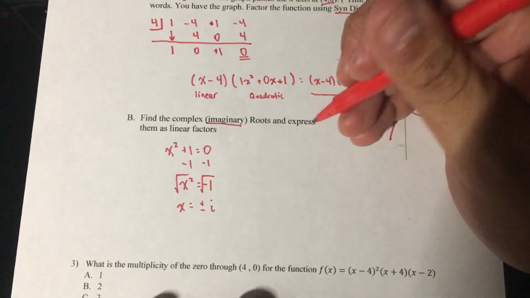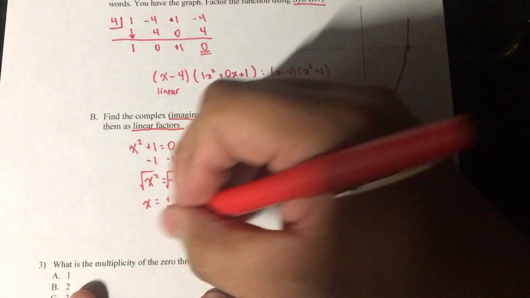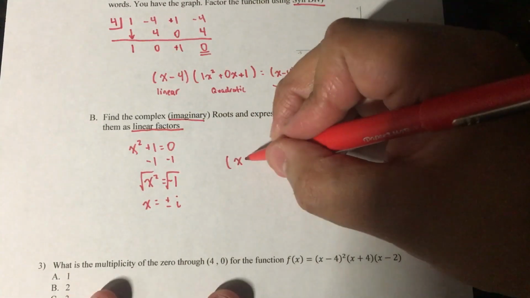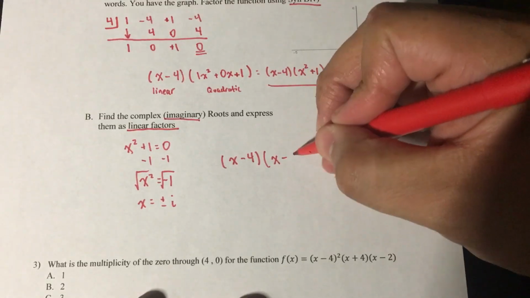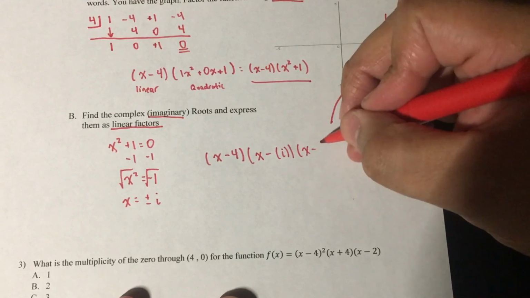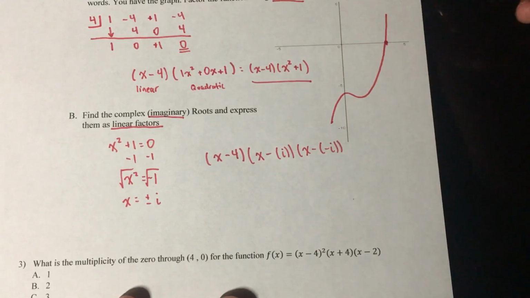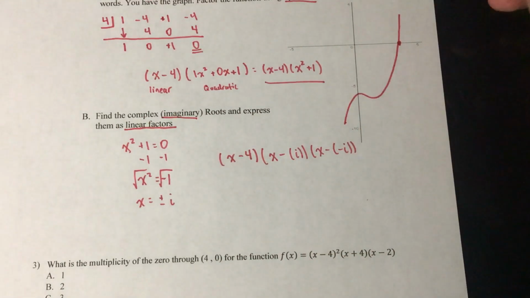And so express them as linear factors. Well, the last part, this was points, but this is what I asked for you to do to get the full points. x minus 4, and then x minus i, and then x minus -i. Okay, so this is what you needed to get the full point. This is the linear factors.